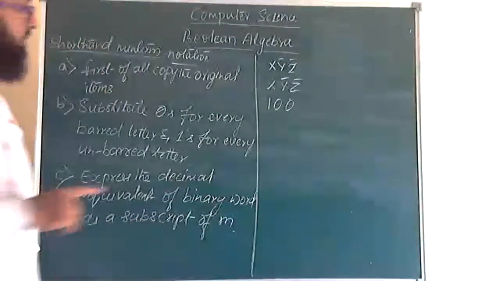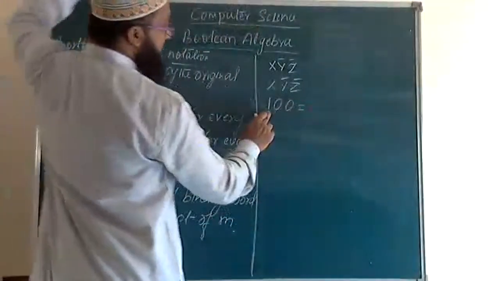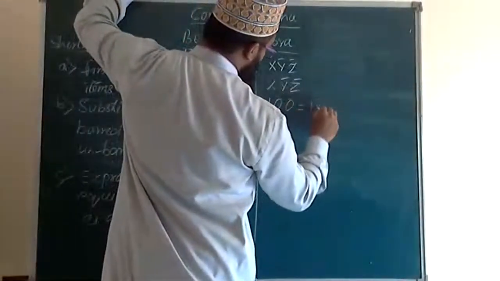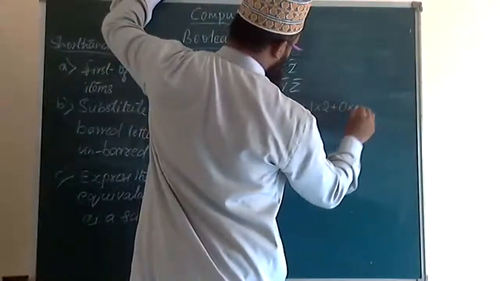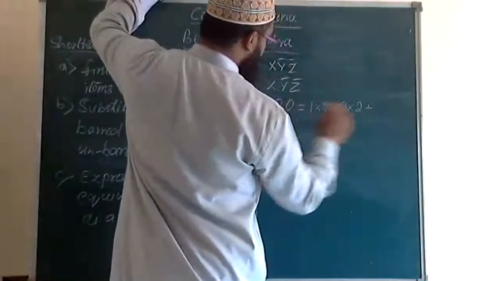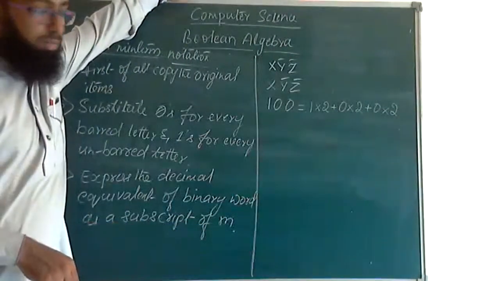Look here, we have to do it like this. 1 is there, so write 1 into 2 plus 0 into 2 plus 0 into 2, expanding using the decimal number system.